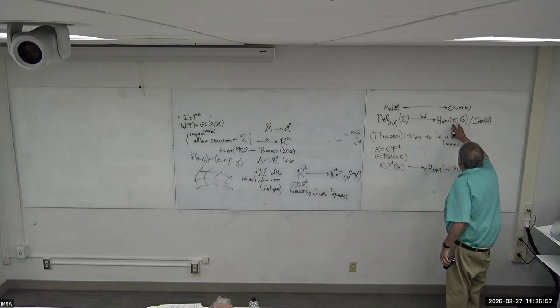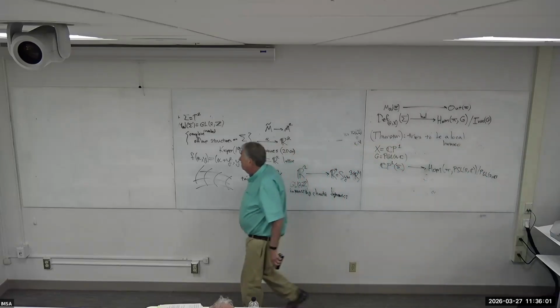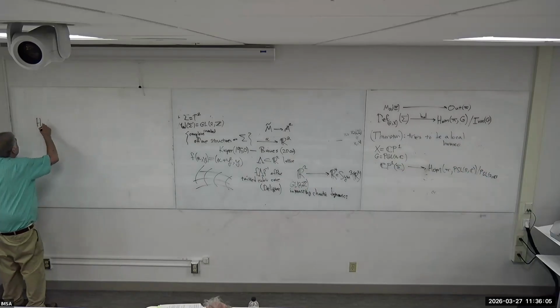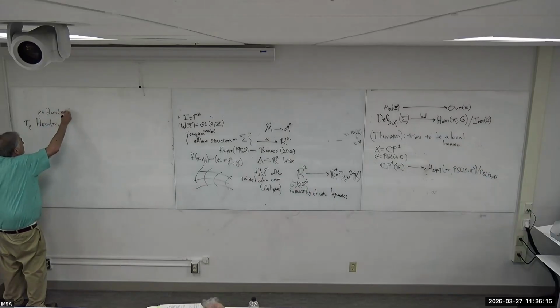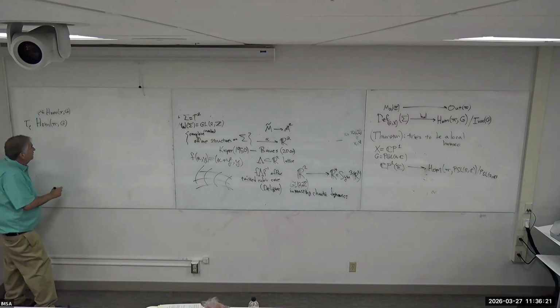As I mentioned, this space has lots of singularities. So what is this Zariski tangent space? Let's take a representation rho. And I want to think of taking a one parameter family, just a curve of representations.